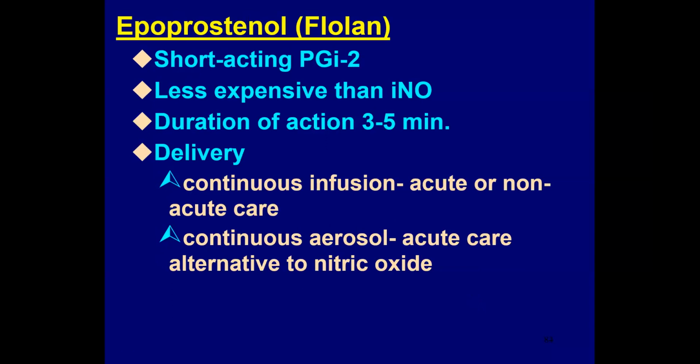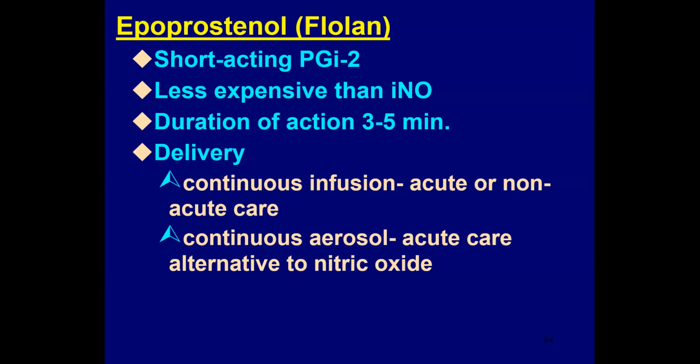Then there is Flolan. Flolan is a very short-acting prostaglandin, PGI2. It is still less expensive than INO, nitric oxide. However, the duration of action is only 3 to 5 minutes. It can be delivered by continuous infusion for acute or non-acute care, or by continuous aerosol, which gets us involved.